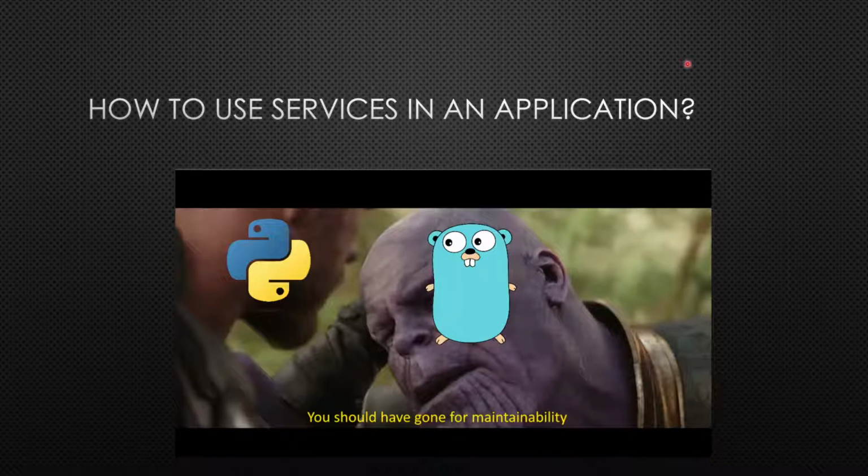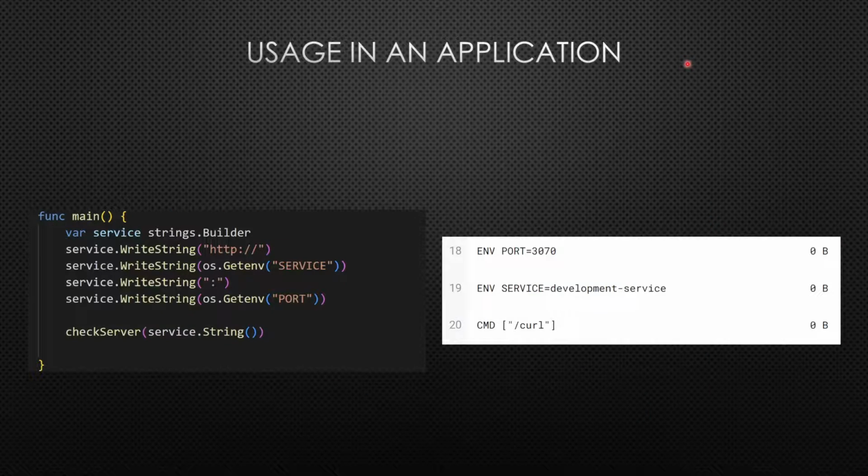So how do we use the services in an application? Let's see here. Just like curling, you have to make up a string that you're going to connect to, just like when you're connecting to a database. So HTTP is what we're going to access with.